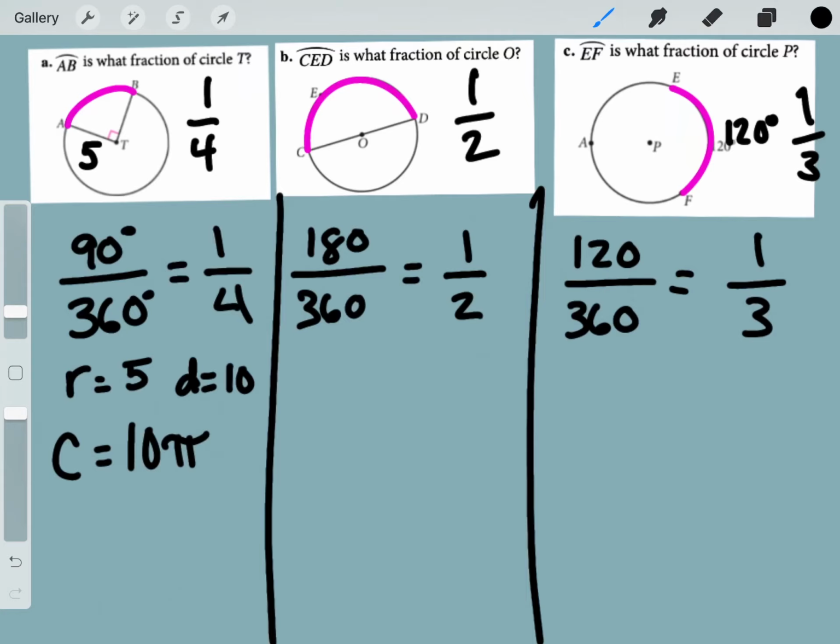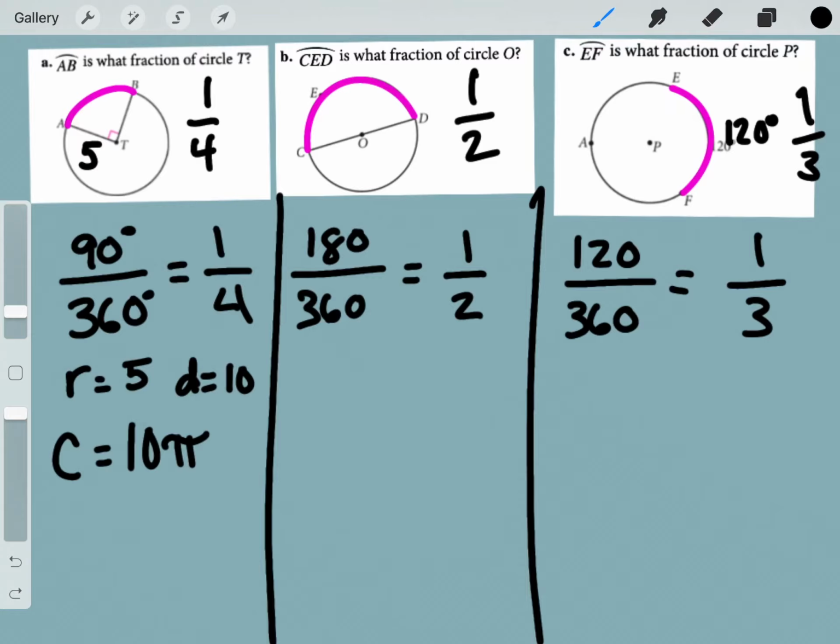But now here's the tricky part. The next part is, what is the measure of just that pink arc? So if we know the full circle is 10 pi, and I want to figure out what just that pink part is, well, the pink part is just 1/4 of the circle.